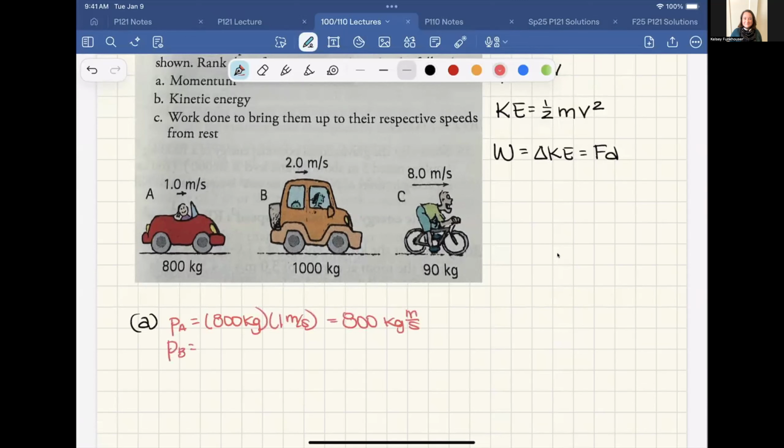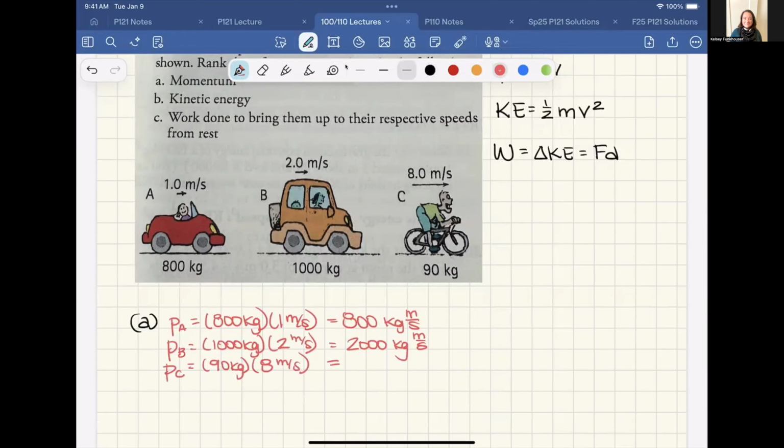Then for B, we have a car that is 1,000 kilograms, and it's moving at 2 meters per second. So that's going to give us 2,000 kilogram meters per second. And finally, the bicycle, just a mass of 90 kilograms, very small, but then a speed of 8 meters per second.